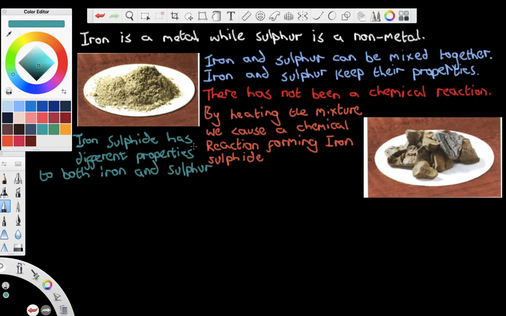Now, iron sulfide is formed in a chemical reaction.